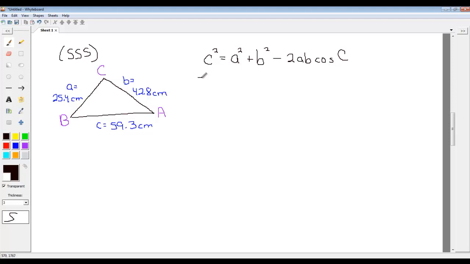All right, 59.3 squared equals 25.4 squared plus 42.8 squared minus 2 times 25.4 times 42.8 times cosine of whatever c is.